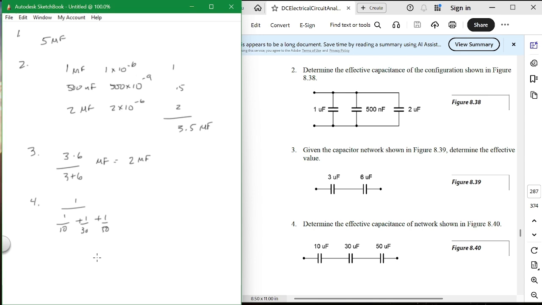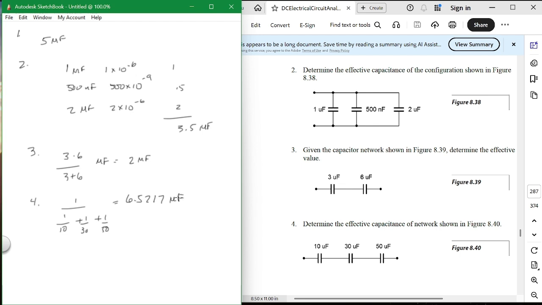Okay, let's try it. 1 divided by, parenthesis, 1 divided by 10 plus 1 divided by 30 plus 1 divided by 50, in parenthesis, equals about 6.52 farads. Everybody get that? The 1 over 1 over rule, that makes sense to everybody? Good.